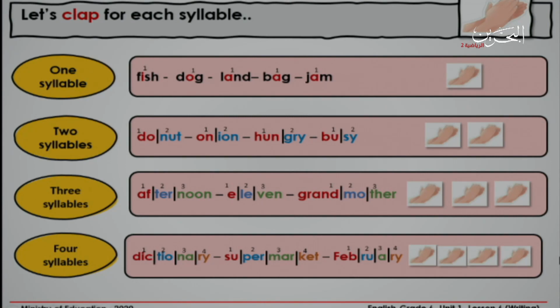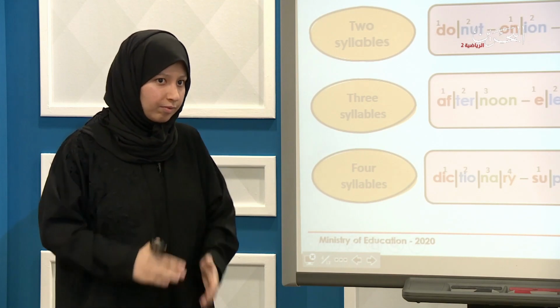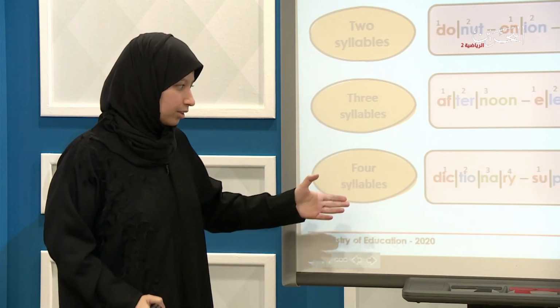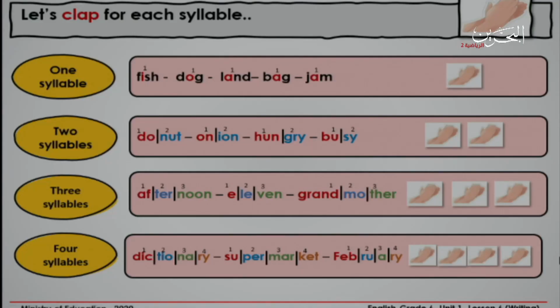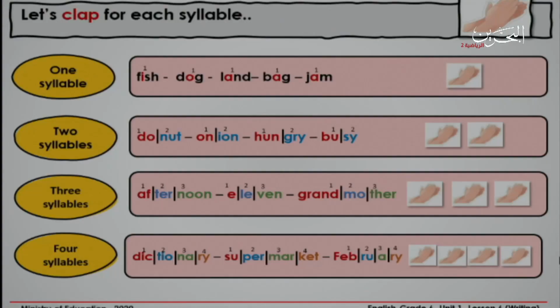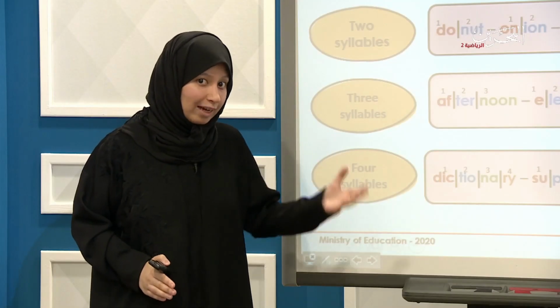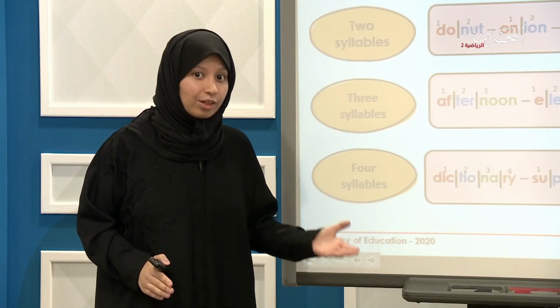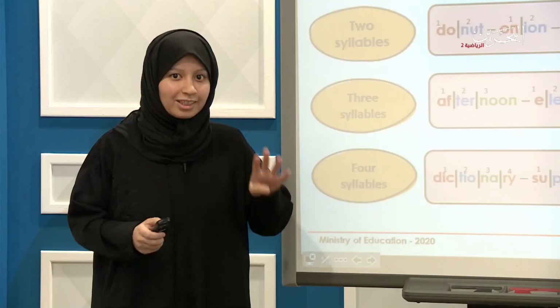Can we clap together? Yes, elephant. 4 syllables, wow. Dictionary, supermarket. How many times did I clap? 4 times, because we have got 4 vowel sounds, because we have got 4 syllables.